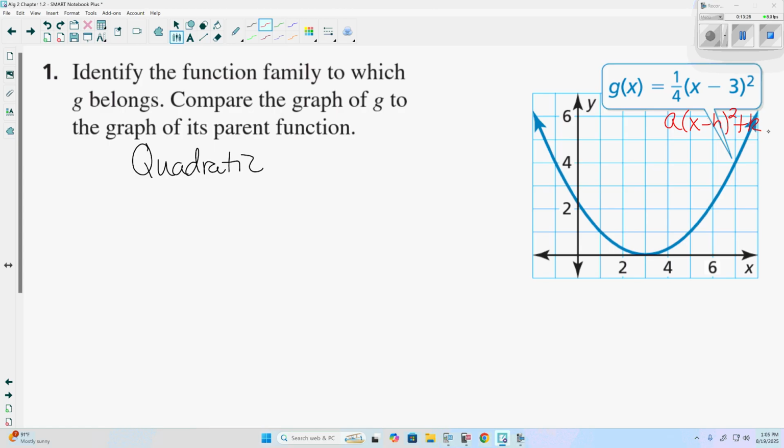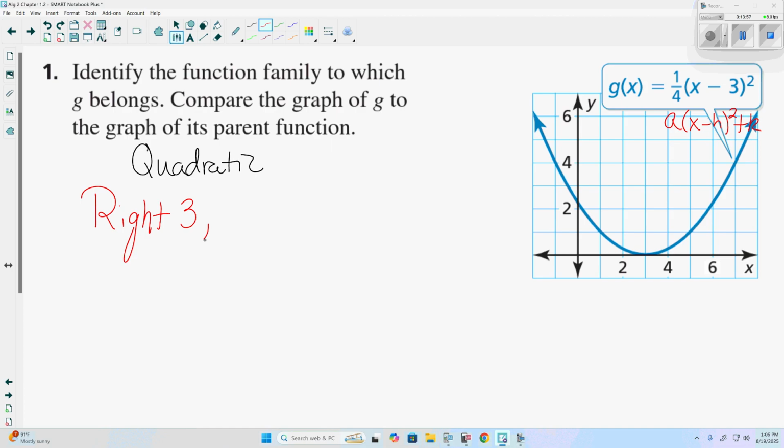No. Do we have a value for h? Yes, and the value for h is 3. Now the sign, positive or negative, we need to figure out if we're going left or right. And we'd be going to the right, because it's opposite of what we think. It looks negative, but it's actually positive. So we would be going to the right. Right 3.